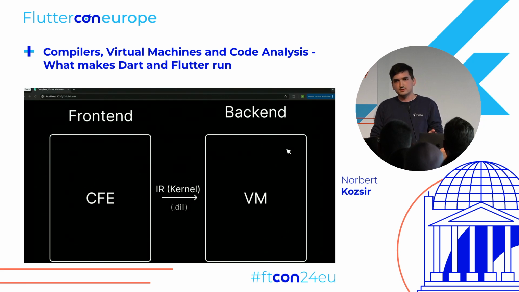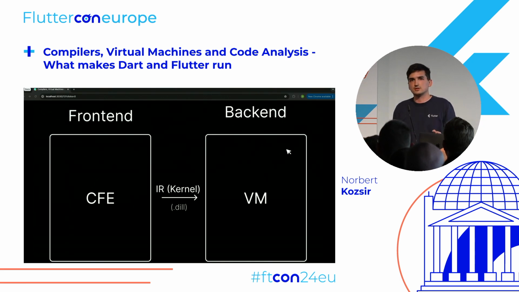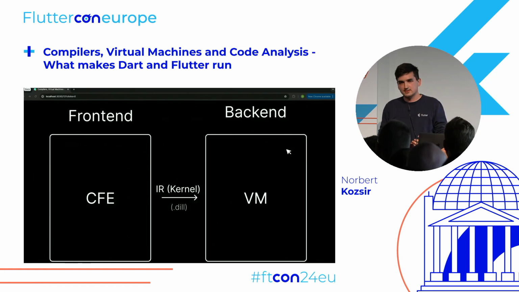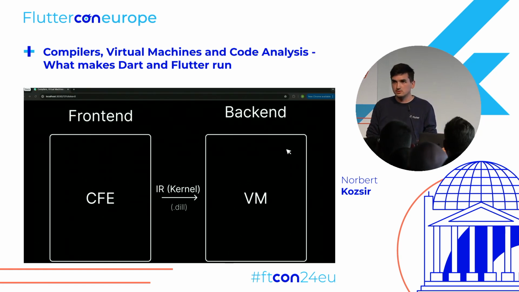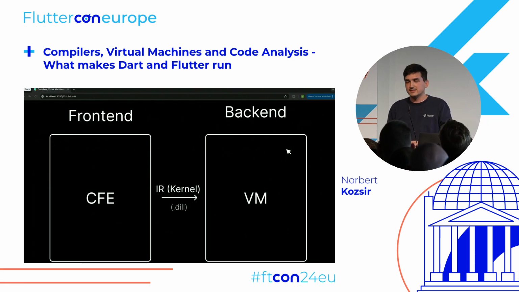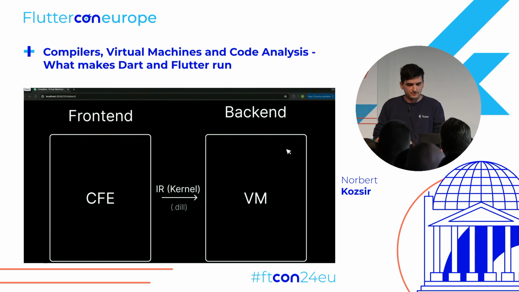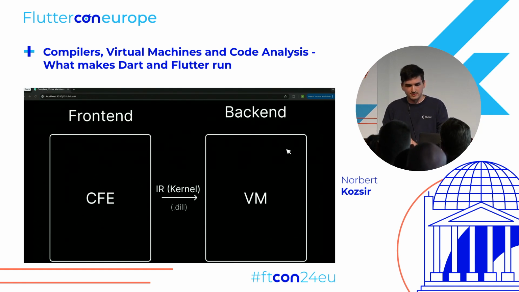In this case, the frontend is the piece of code that takes care of the first steps by taking text, which is source code, and converting it to a more usable representation. In this case, it is an intermediate representation called the kernel, usually saved in the .dil format. It is basically just a binary serialized abstract syntax tree. If you don't know these words, we'll talk about abstract syntax trees in a couple of slides.